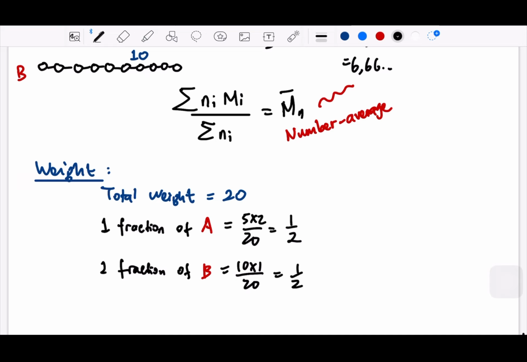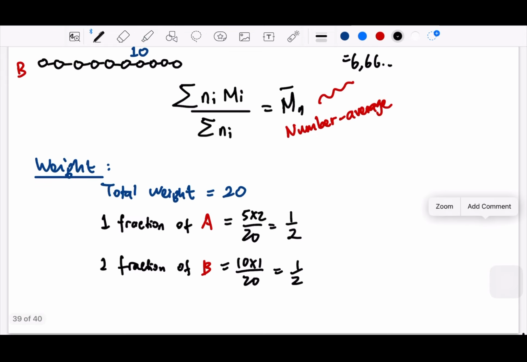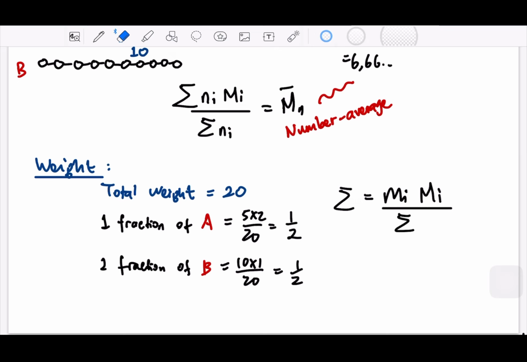So if you want to take the average for the molecular weight, similarly, what we need to change is just change the N with M. Sorry, it's supposed to be like that. So this is the molecular weight.